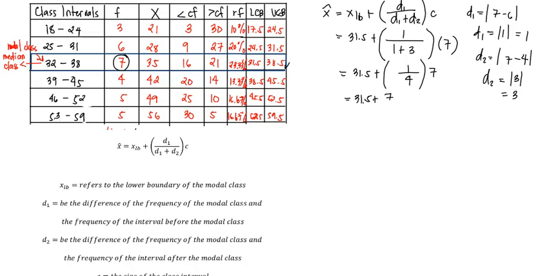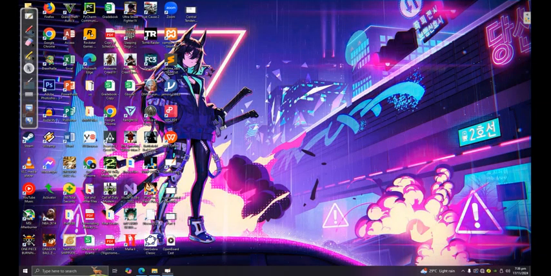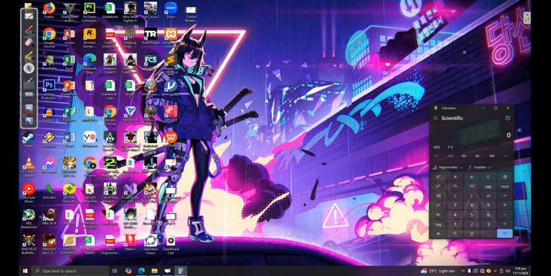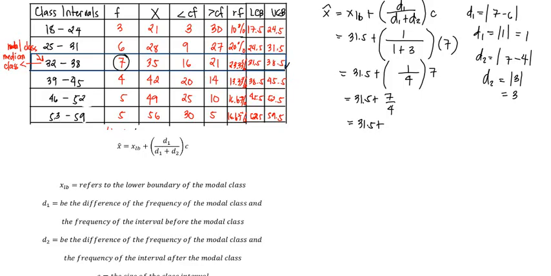plus 7 over 4. So we just have to find the value of 7 divided by 4. Using a scientific calculator, 7 divided by 4 is 1.75.